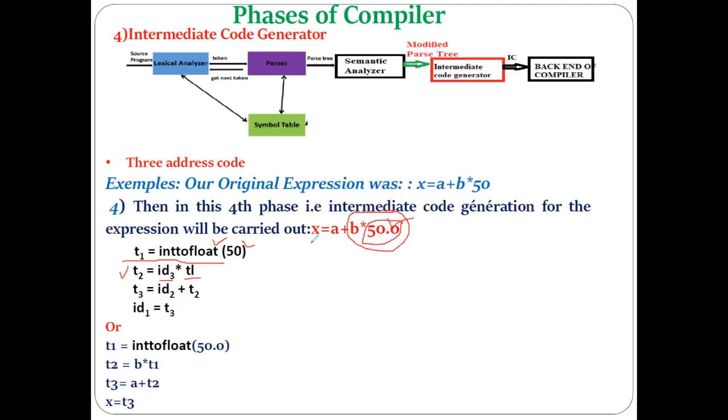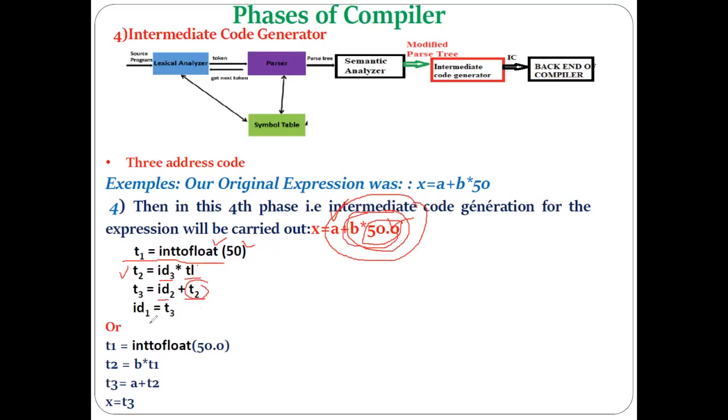Then next, the three address code will be generated for this whole part, that is T3 equal to ID2 plus T2. ID2 is nothing but a. So T3 equal to ID2 plus T2. T2 is nothing but this second part.